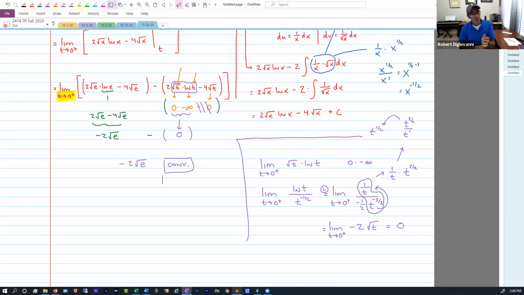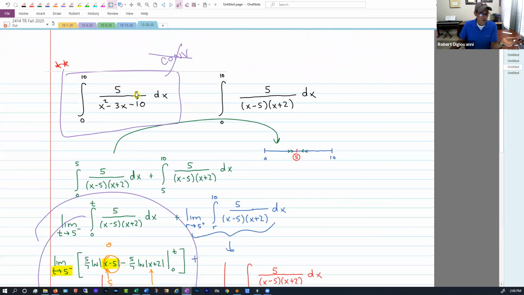The type 2 are the ones that are dangerous because there could be a discontinuity in there that you don't recognize, like the previous example, right? Where you say, oh, I didn't even realize that 5 is an issue, right? We have an issue at 5. It just looks like a normal old definite integral. So it's dangerous, right? Danger zone now.